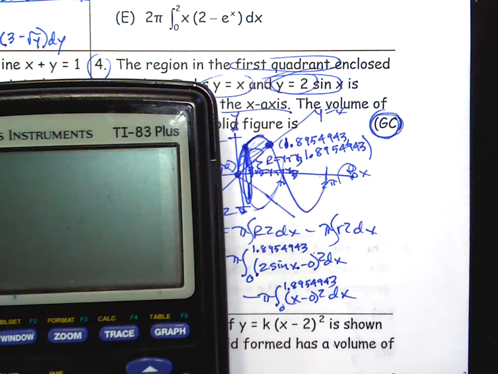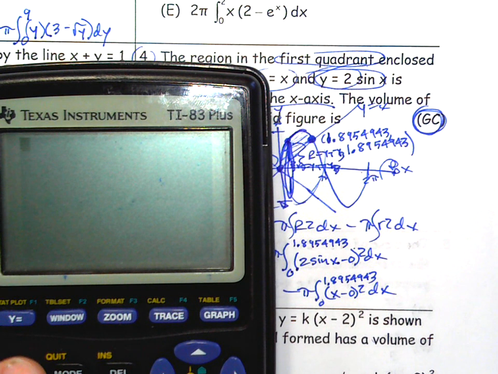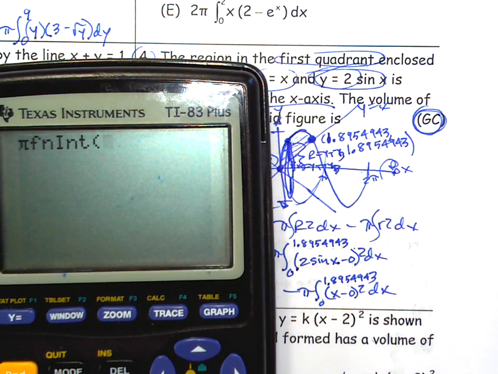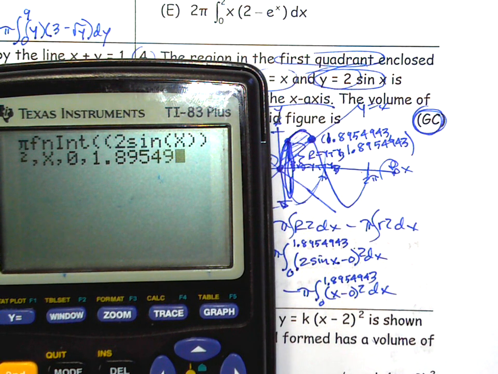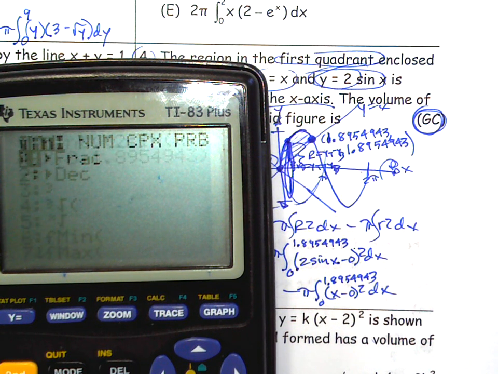So on the home screen, you do pi, math 9, parentheses 2 sine x close squared, comma, x, comma, 0, comma, 1.8954943, close, minus pi, math 9.